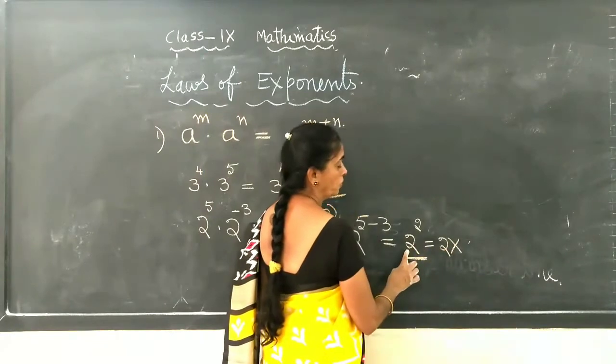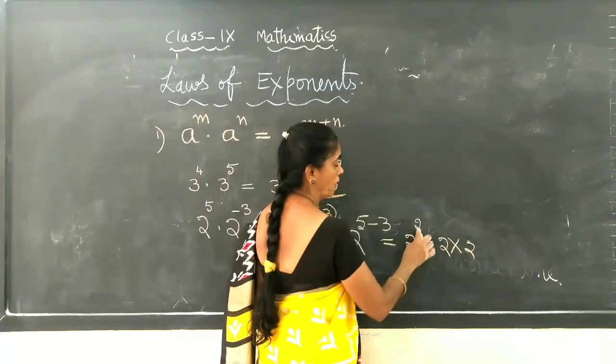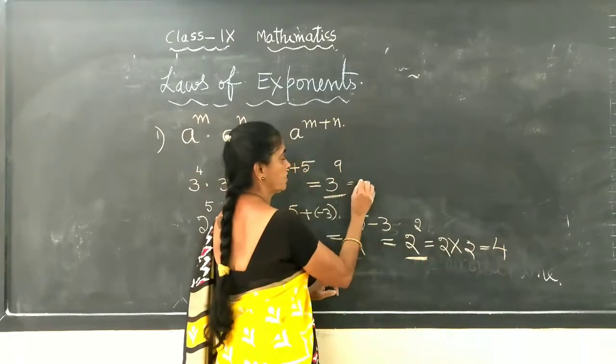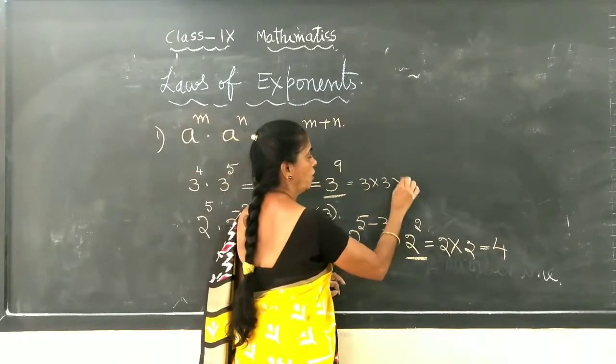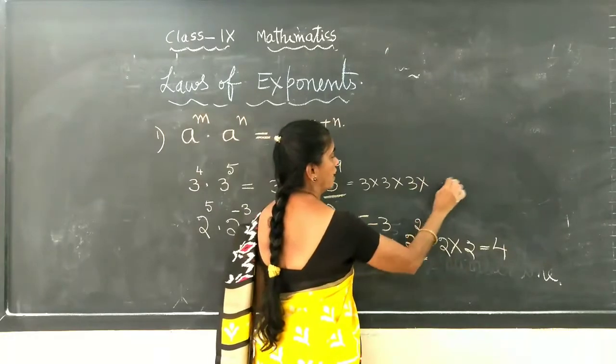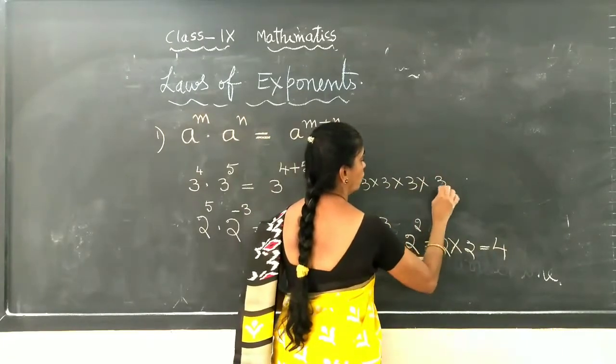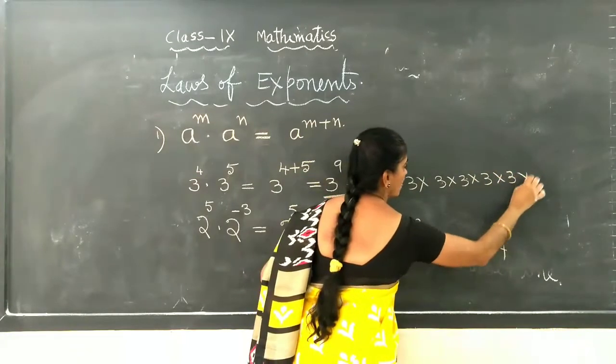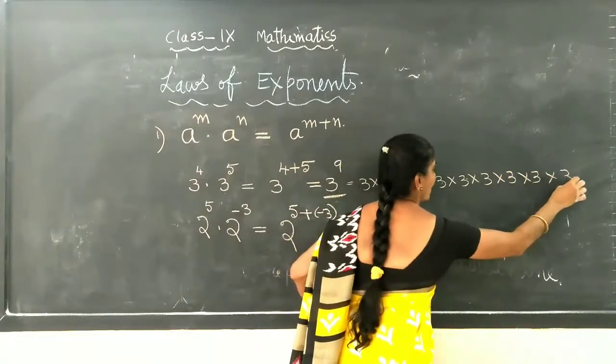It is 2 into 2, you have to multiply 2 two times. 2 into 2, it is 4. What is the meaning of this? 3 into 3, how many times? 9 times. 1, 2, 3, 4, 5, 6, 7, 8, 9.